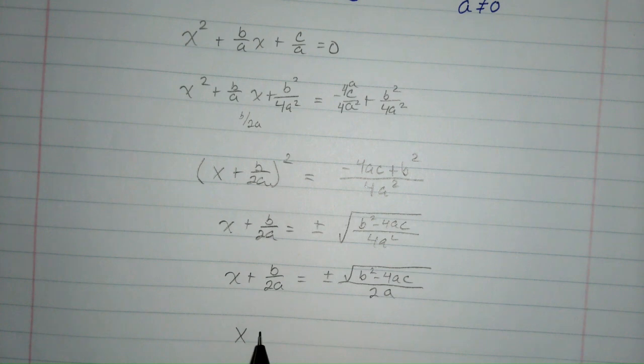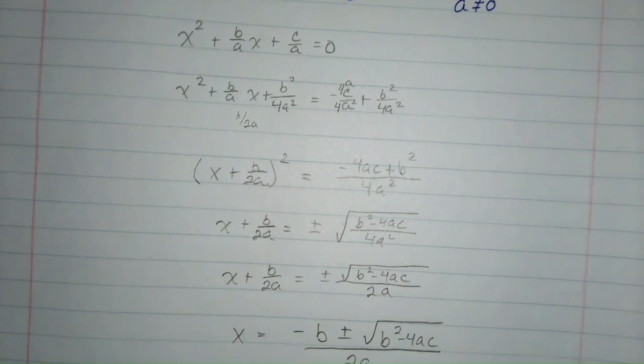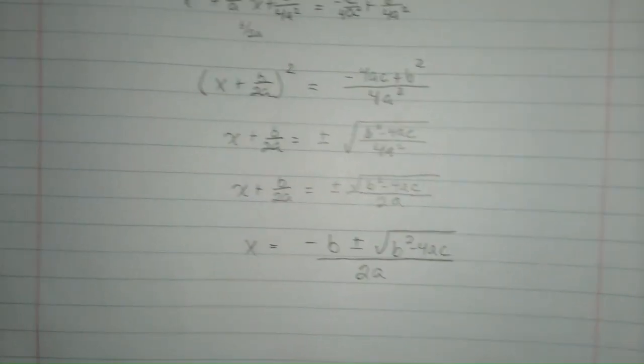Subtract this to the other side. You'll see it has a common denominator, so I'm just going to write it as 1 with that common denominator instead of writing it as 2 separate fractions. And there we have the quadratic formula.